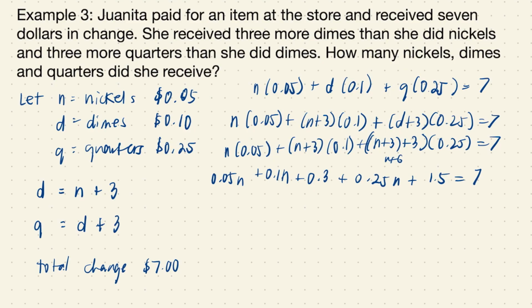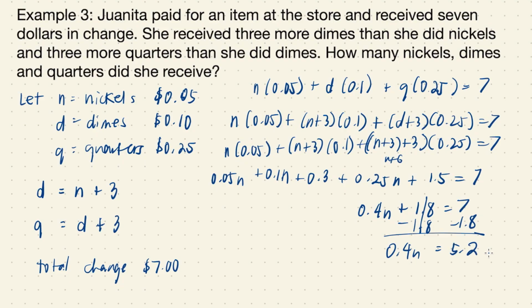Now combine like terms. So 0.05 plus 0.1 is 0.15 plus 0.25 is 0.4n. Combine the constants, 0.3 and 1.5, 1.8 is equal to 7. Subtract 1.8. You get 0.4n is equal to 5.2.